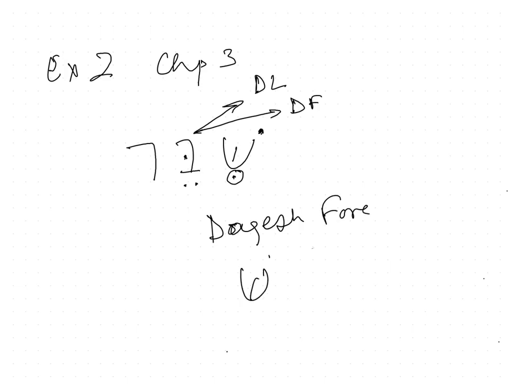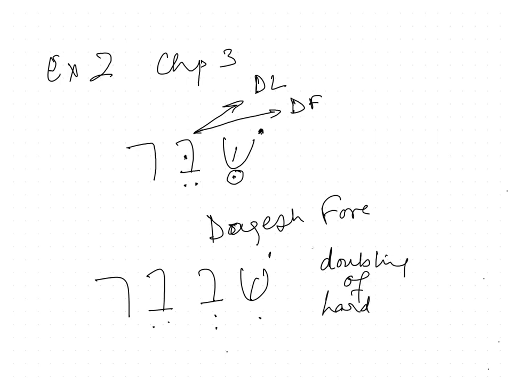So how do I read it? The doubling will be the doubling of the hard pronunciation of the Begad Kefat letter. The hard pronunciation of a Bet is B, and the soft pronunciation is V. So it's a doubling of the hard pronunciation. It's read as Shibber.